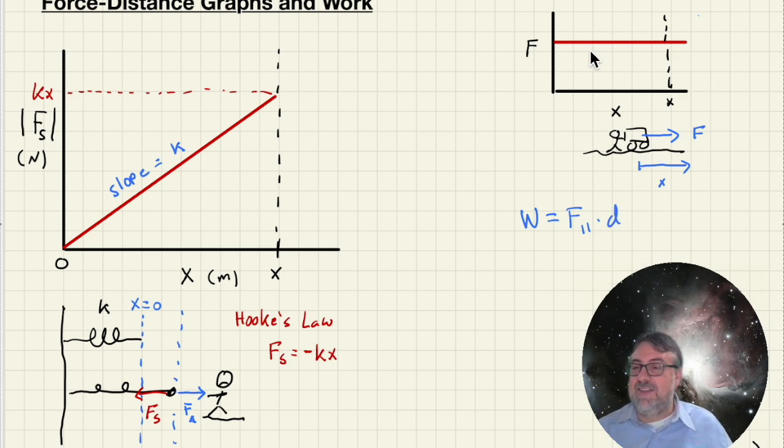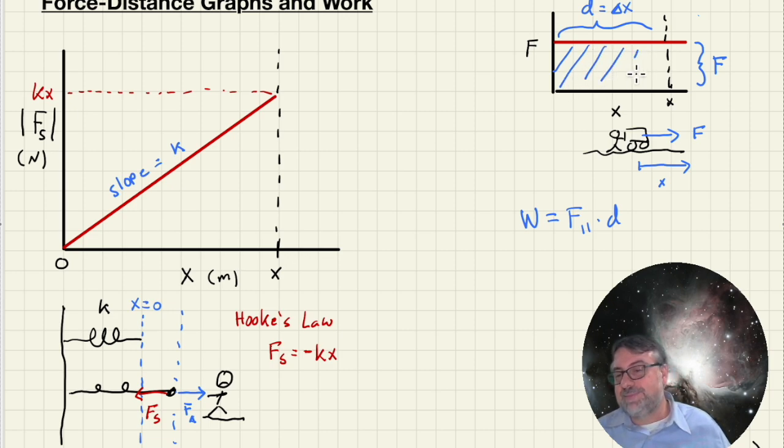Well, in this picture right here, the force is just the height of this box, and the distance d is simply my change in distance here. So if I multiply these two things together, what I'm really calculating is the area below the force line.